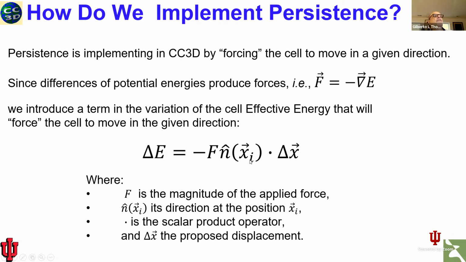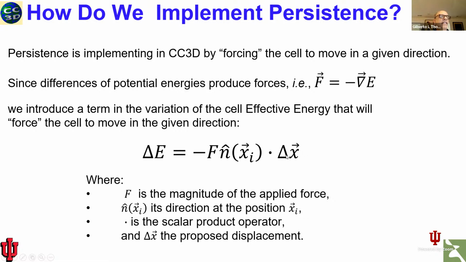I mean, you look at the center of mass of the cell. The center of mass occupies the position x_i. So in that position, the force on the cell has this direction n.